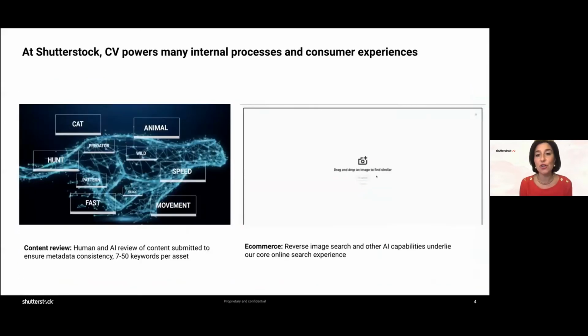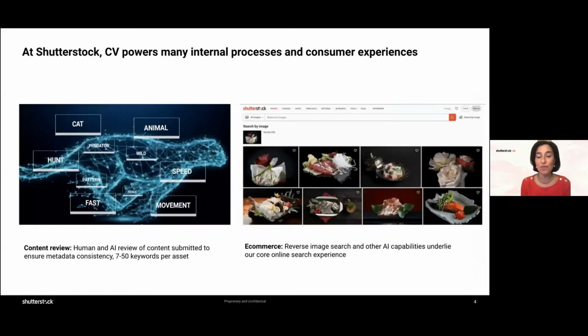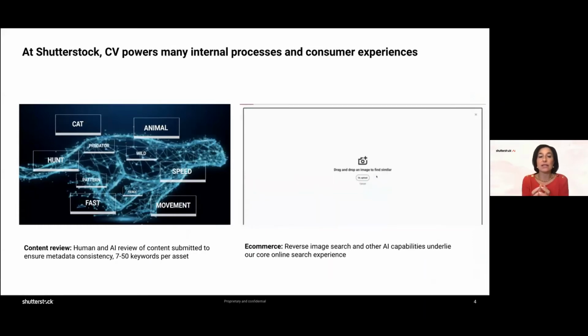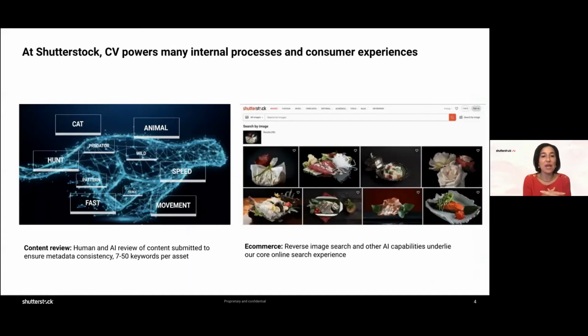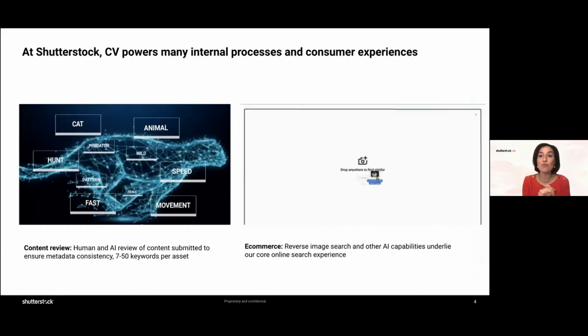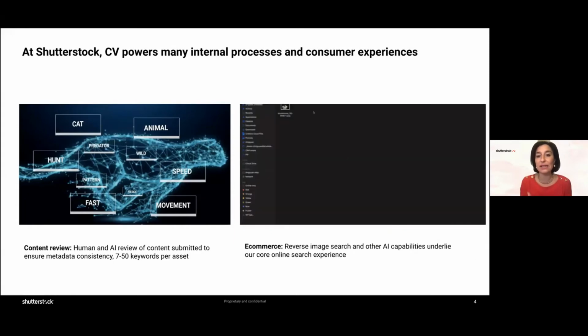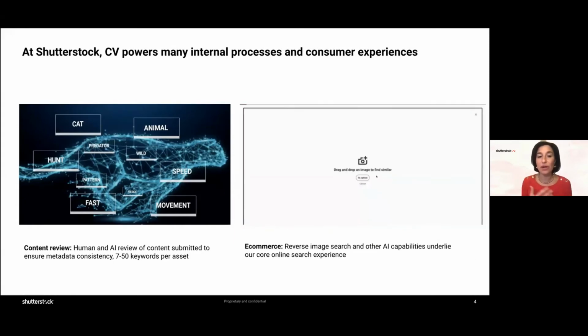At Shutterstock, computer vision is not new. We have been doing computer vision for a few years. The way we apply computer vision within our own ecosystem is, for example, we have 400 million images at Shutterstock, and every single image is reviewed by a human to make sure all those images are of supreme quality and respect our guidelines, IP, landmarks, trademarks, and so on.